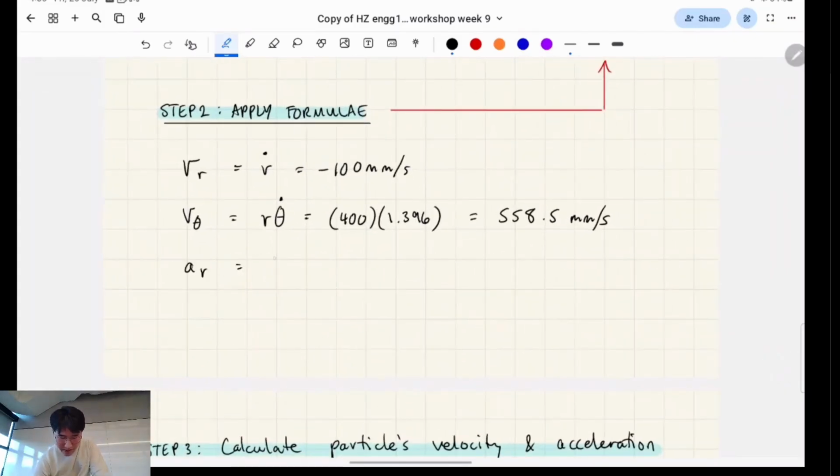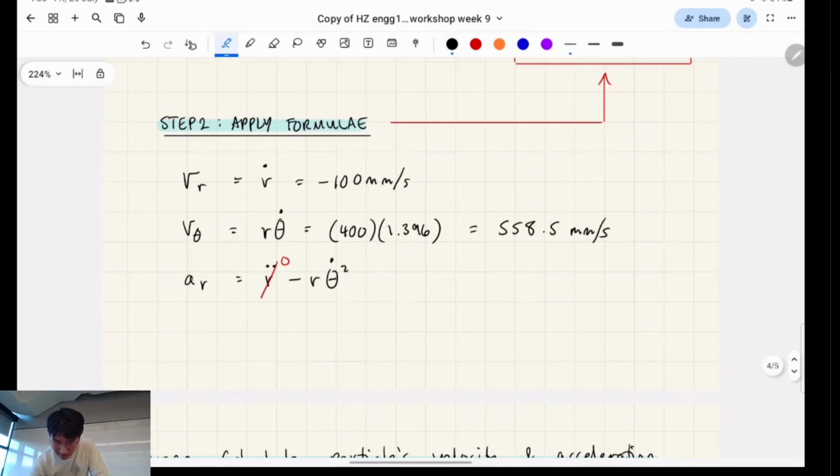A_R is the acceleration in the radial direction, right? This was 0, and then the other two components are non-zero, so we'll write them out. Radius was 400, and change in angle, again, is that in radians per second.